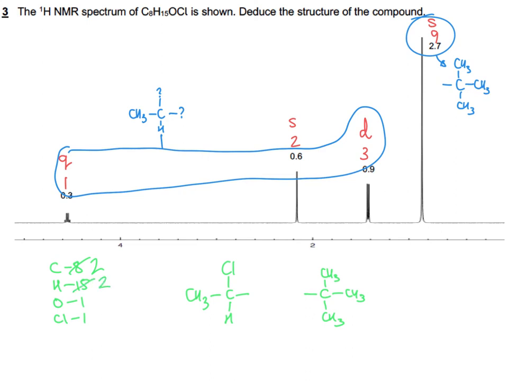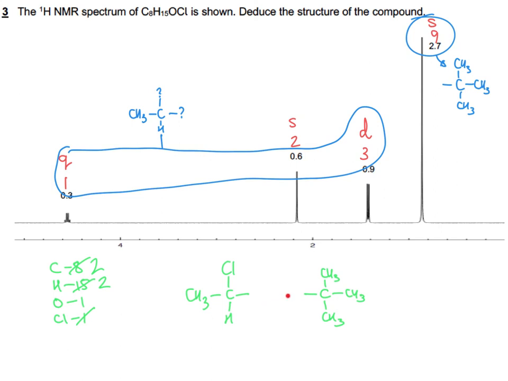I haven't used any oxygens, and I have used my chlorine. So I've got 2 carbons, 2 hydrogens, and 1 oxygen to use. What signal have I not identified or done anything with? I've got a singlet with 2 hydrogens, so that's got to be CH2. And then that would leave me with a carbon and an oxygen, so that's got to be a carbonyl.